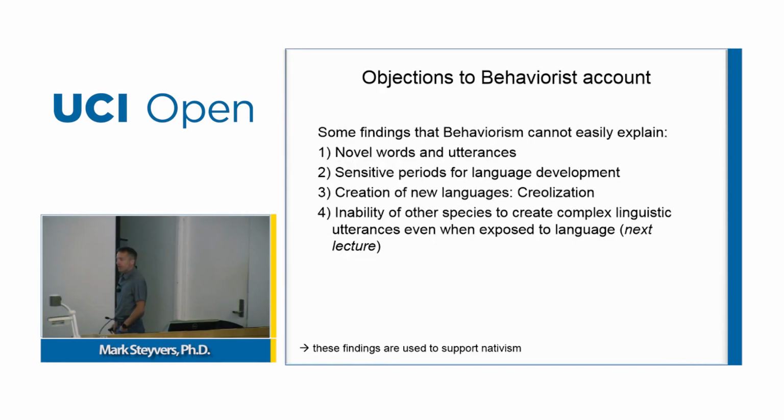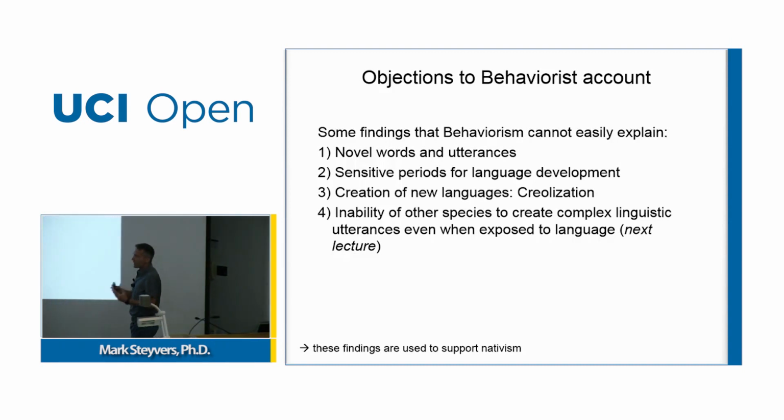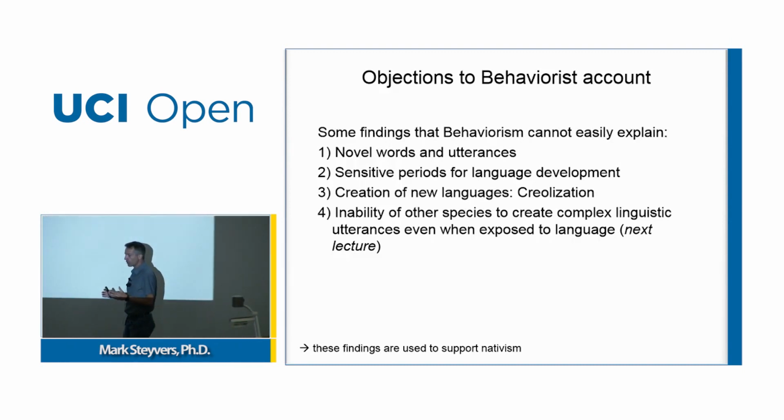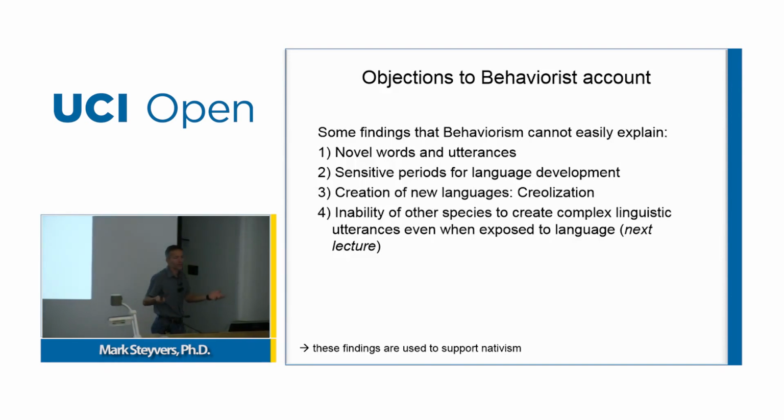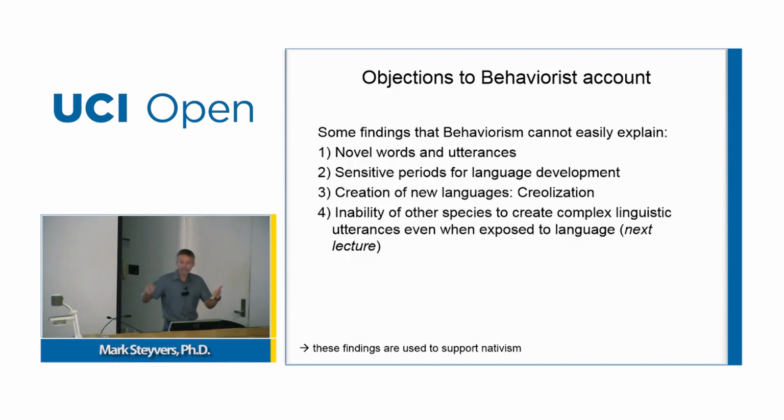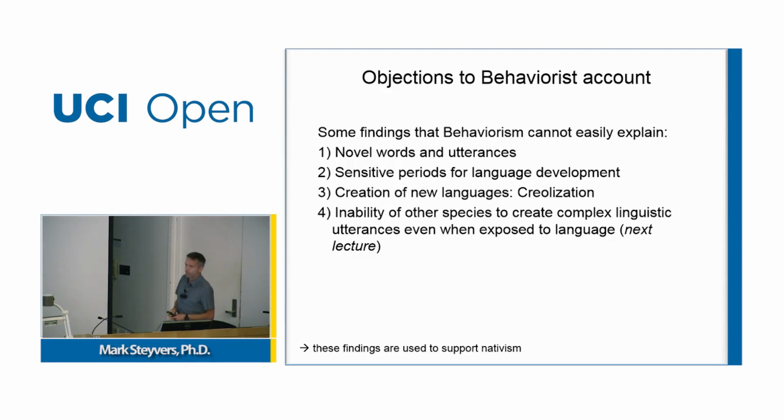So, besides this notion of learning from reinforcement, which is problematic, there are a number of other findings that a behaviorist simple learning account cannot explain in terms of language development.